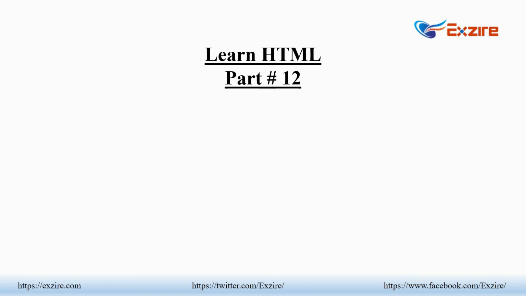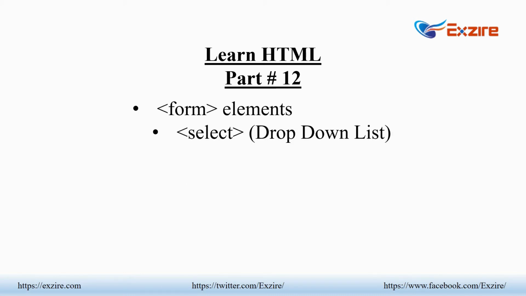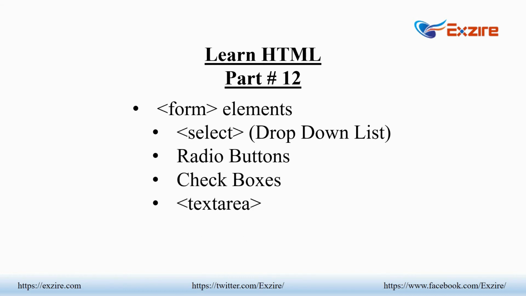This is Learn HTML web series part 12, and today we are going to learn the remaining form elements. The first one will be the select or the drop down list, radio buttons, checkboxes, and text area, and also the buttons.